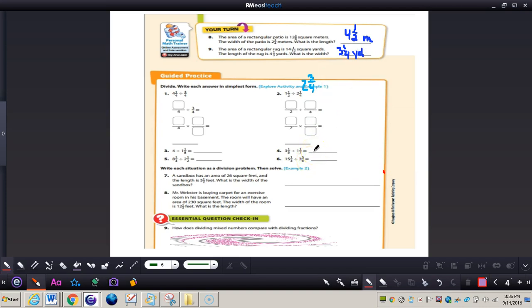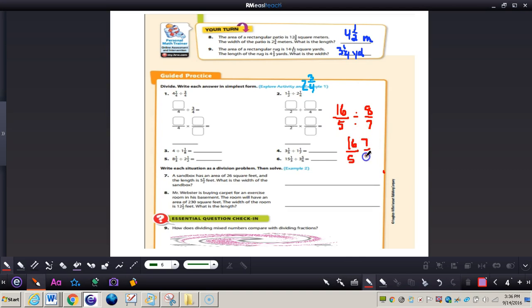Okay, I would just like to show you really quickly just a regular problem so you don't get confused. So we have 3 1/5 divided by 1 1/7. Once again, change these mixed numbers to improper fractions. It's going to be 16 over 5 divided by 8 over 7. Now what you can do is multiply by the reciprocal.